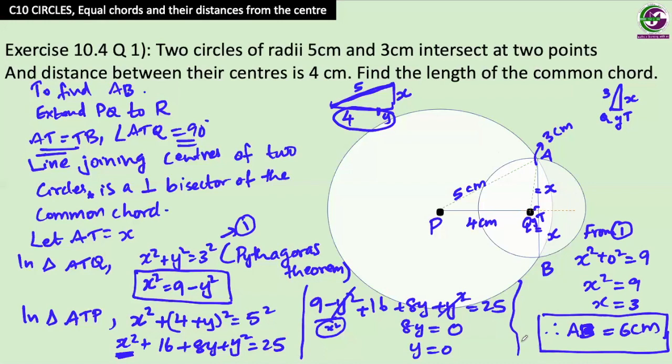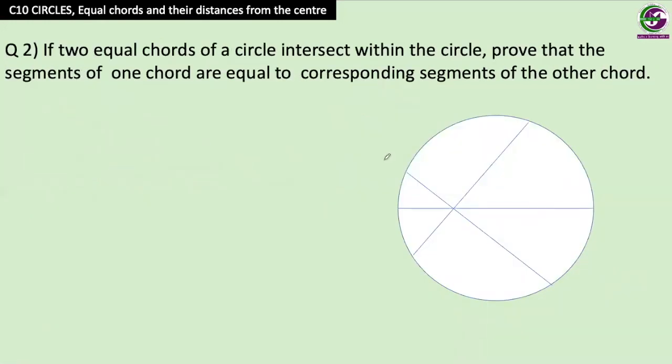Well, moving on to the next question. If two equal chords of a circle intersect within the circle, so we have two equal chords, let's name them AB and PQ, they are equal.